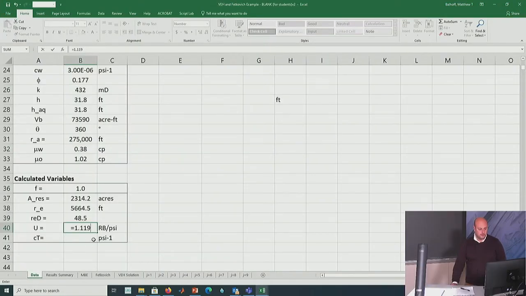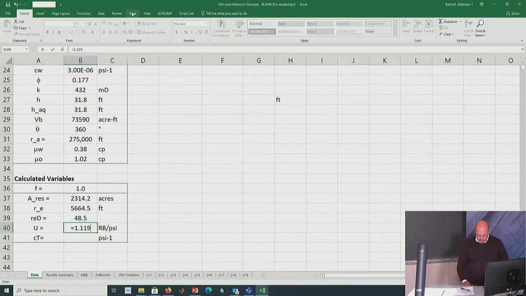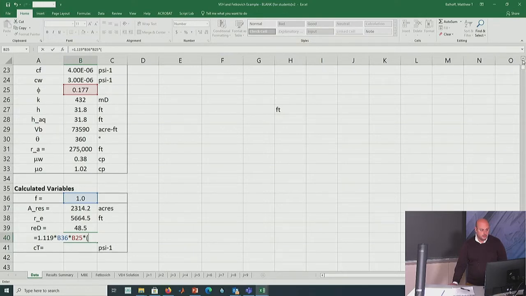So maybe I'm going a little fast. I can go into here and put times F, which was B36, times porosity, which is 0.177, times the total compressibility. So I'm going to put a parenthesis and say that that's the water plus the formation compressibility.